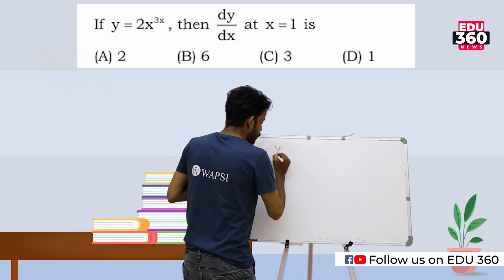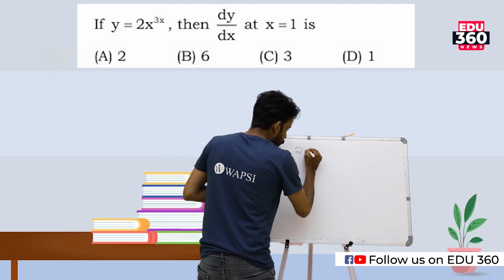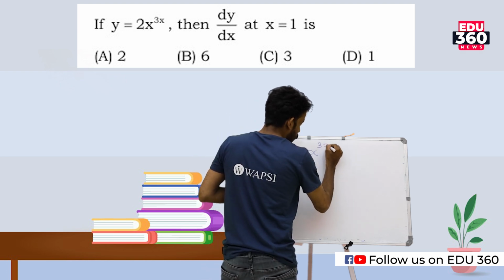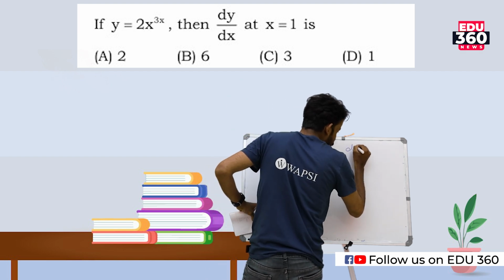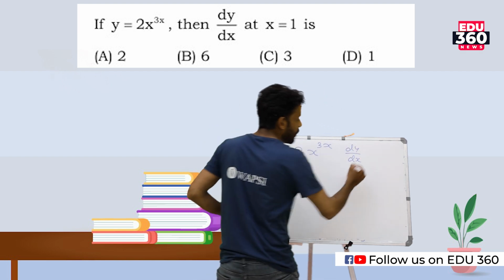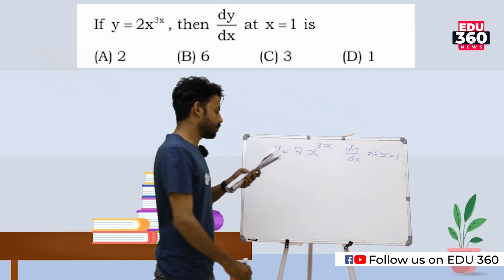So here, it's given y is equal to (2x) raised to 3x, and they are asking us to find dy by dx at x is equal to 1.